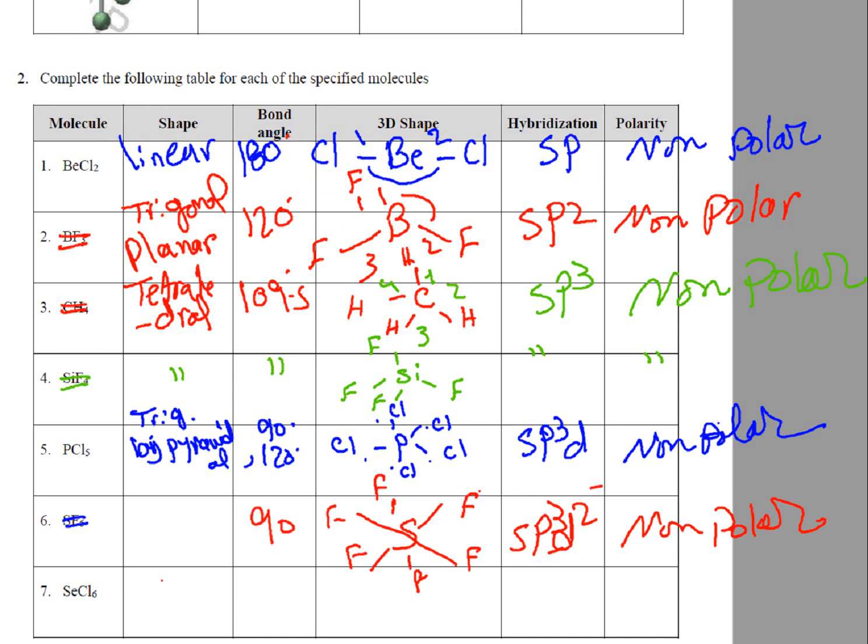Angles are 90 degrees and the shape of the molecule is octahedral. SeCl6, selenium, is located in group 6 in the periodic table. So it will also be very similar to SF6.